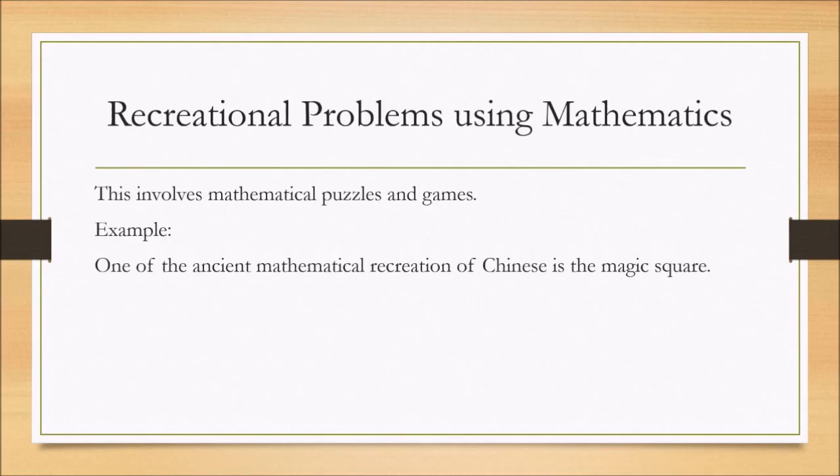One of the ancient mathematical recreations in China is the magic square. This one is a 3 by 3 magic square, a magic square of order 3. As you can see, there are no repeated numbers. There are numbers from 1 to 9, nine numbers.